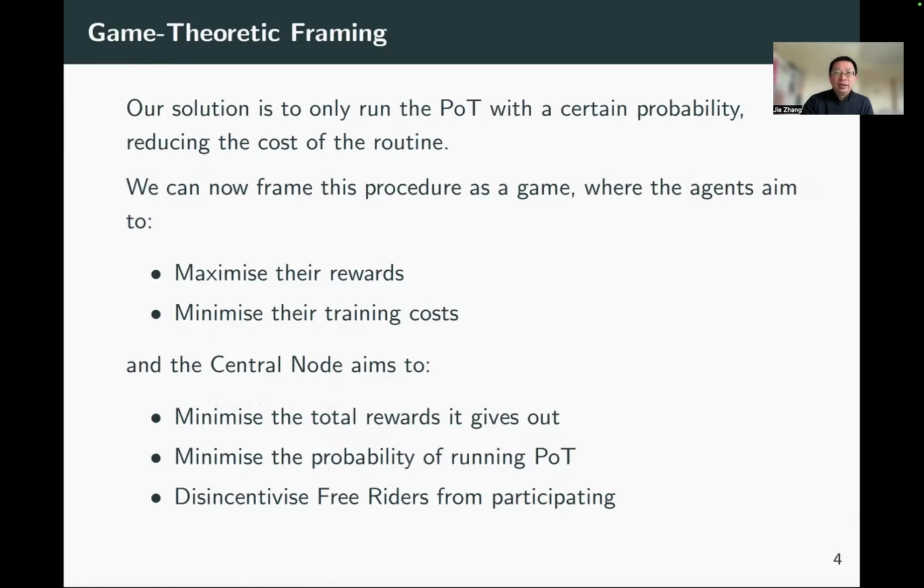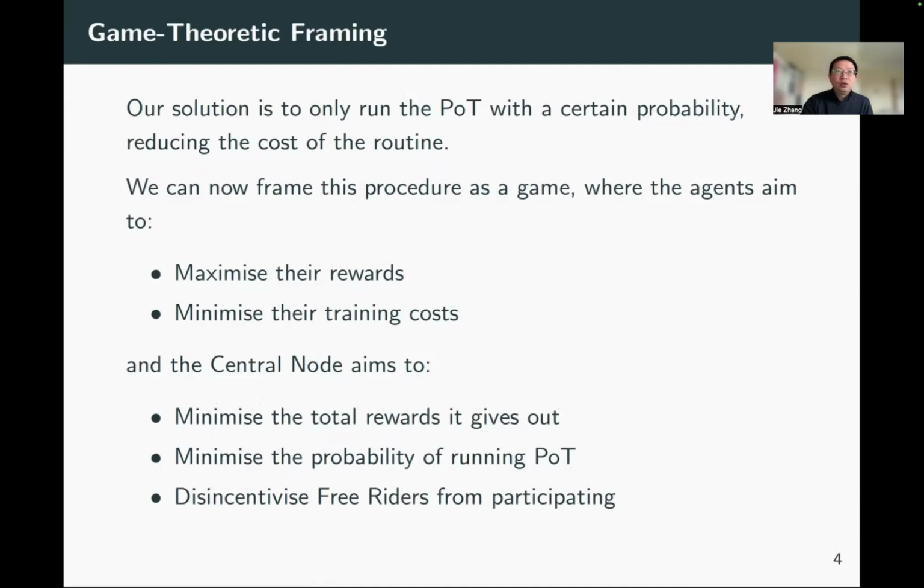We can think of this as a game, as a game theoretical framework where agents are trying to maximize the reward and minimize the training cost. And the central node is trying to minimize the amount of reward it pays out, as well as minimize the probability it needs to run the proof of training.